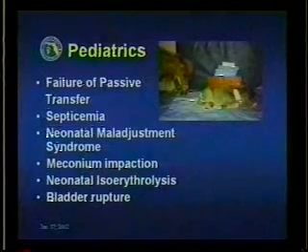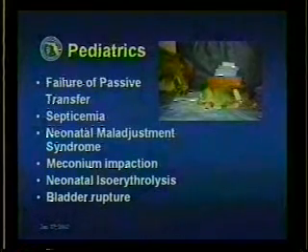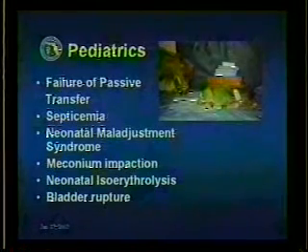Neonatal isoerythrolysis is a disease that causes foals' red blood cells to be attacked by the antibodies contained in the colostrum, and this is inherent to the mare. Most of the time, these are mares that have had several foals in the past, and this is caused by the fact that they have a blood type that is different than the stallion's blood type, and if the foal inherits the blood type from the stallion, the mare has formed antibodies against these blood types that are passed on to the foal when the foal ingests the colostrum.